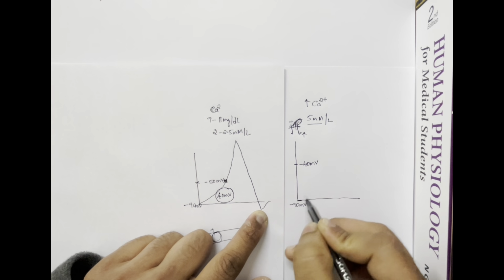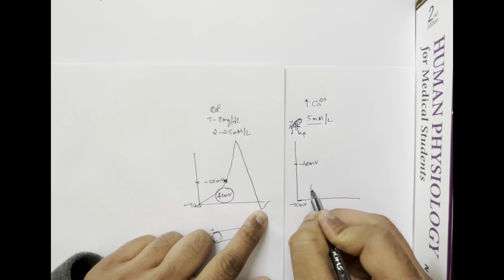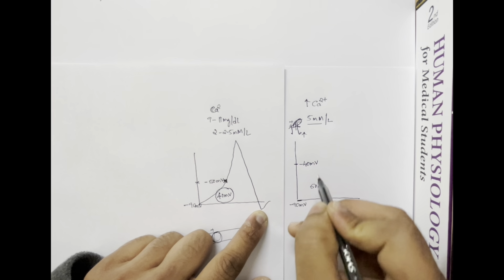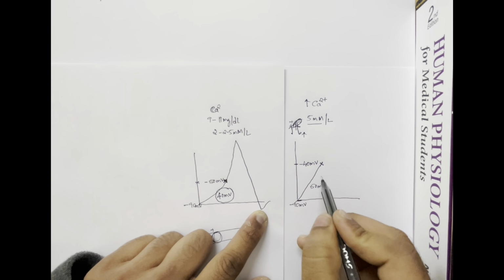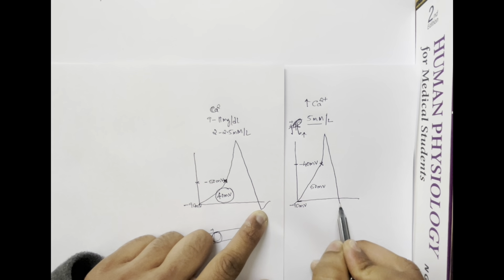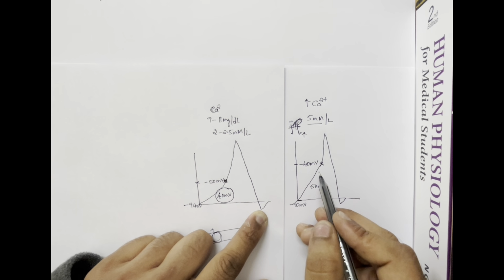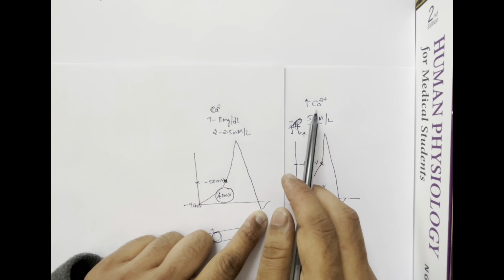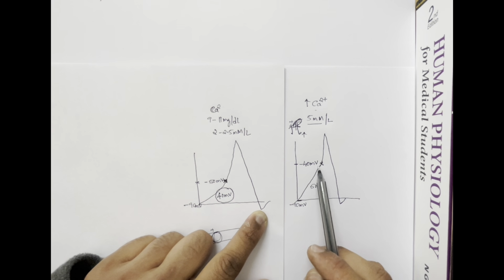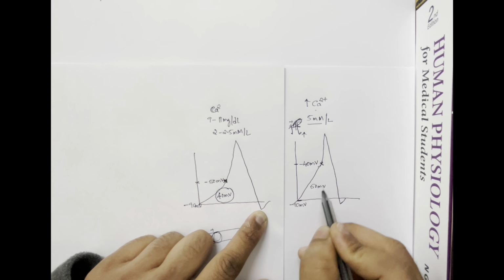So the difference is around 50 millivolt here. Only at minus 40 millivolt is the threshold potential for generation of action potential in case of increased extracellular calcium ions. So with the increase in extracellular calcium ions, the threshold potential for opening the gates of voltage gated sodium ion channels is increased, and thereby the excitability is reduced.